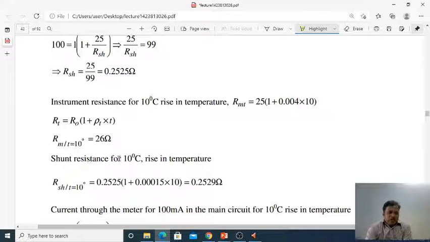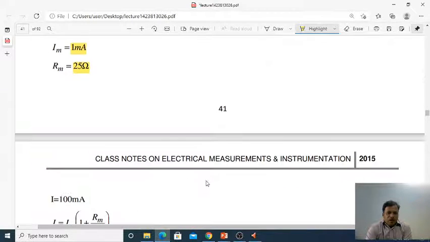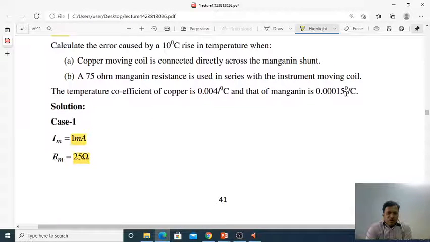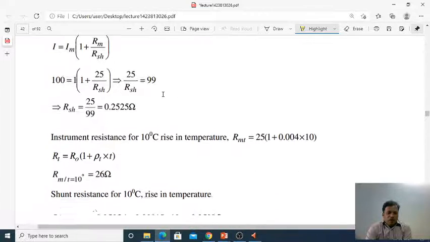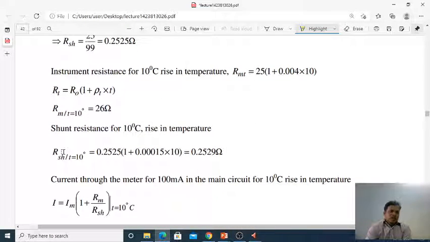The shunt resistance for a 10 degrees centigrade rise in temperature is 0.2525 into 1 plus 0.00015 into 10, which is equal to 0.2529 ohms. Why? Because the value given for manganese is the coefficient, and manganese is the shunt material that is added.